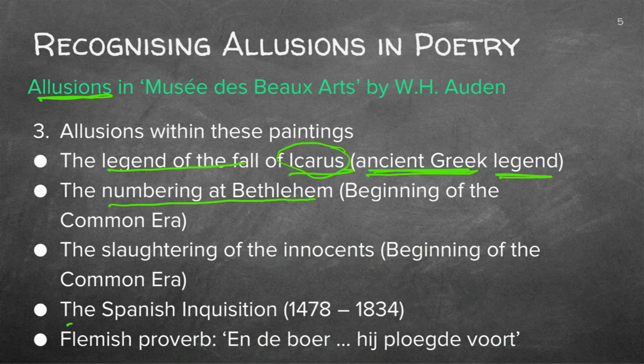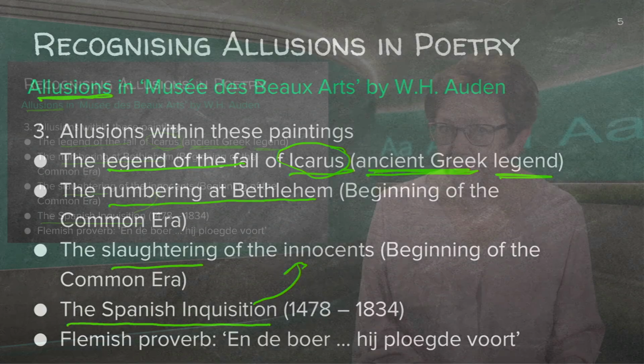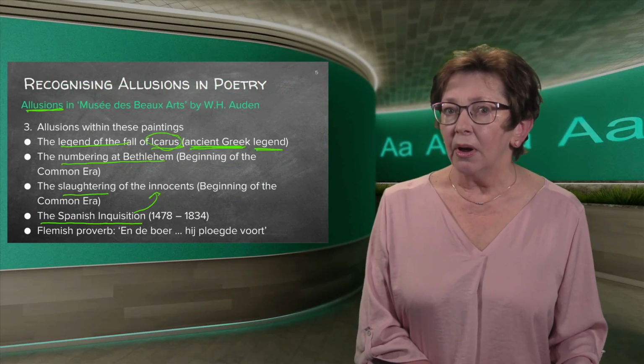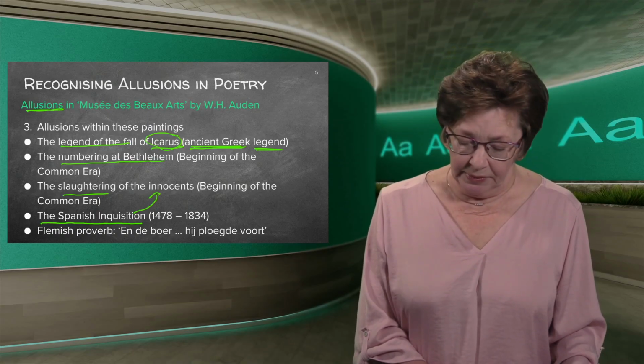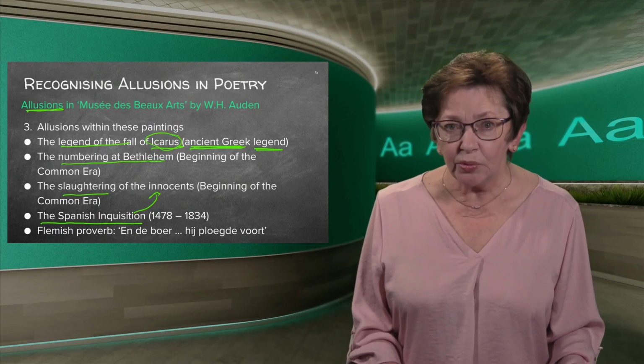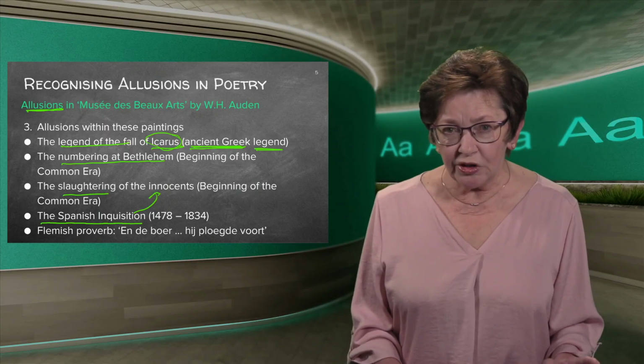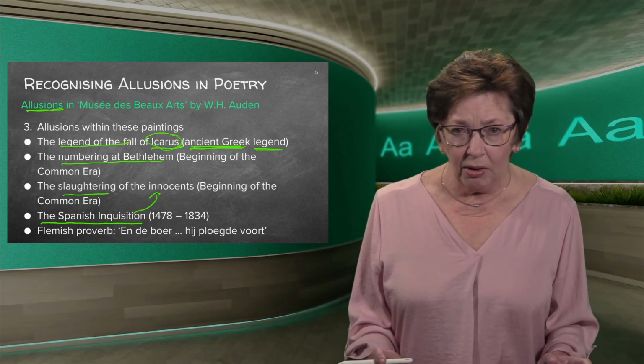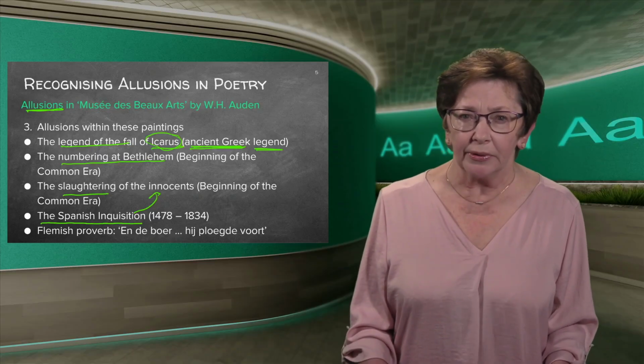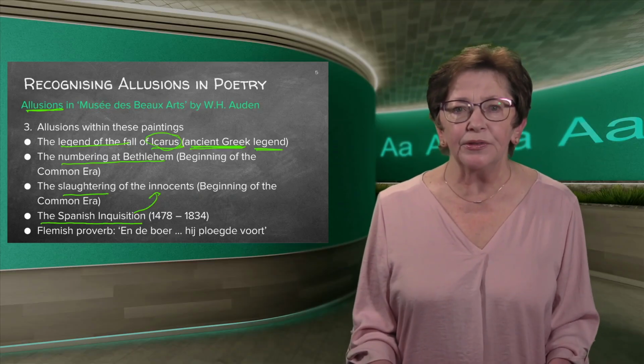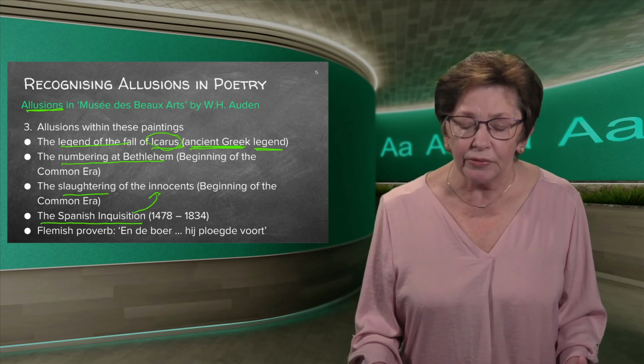And now the Spanish Inquisition is brought into the slaughtering of the innocents. So the people slaughtering the innocents or the children are the people from the Spanish Inquisition, which is a very strange way of bringing contexts together because it spans different times in the history.